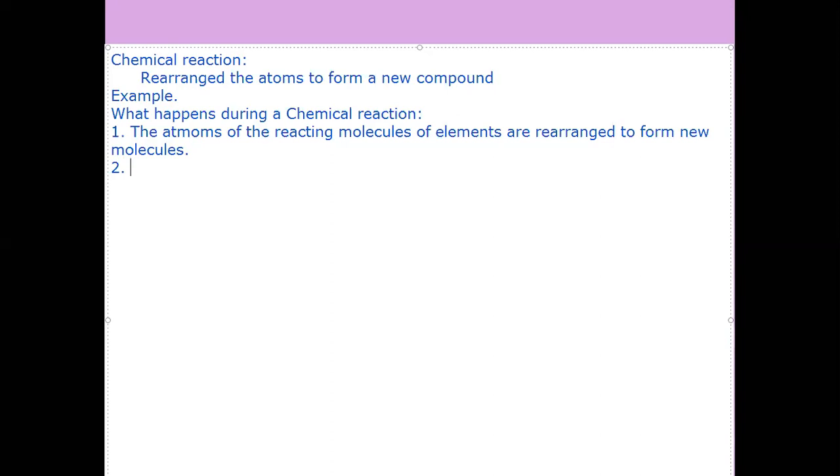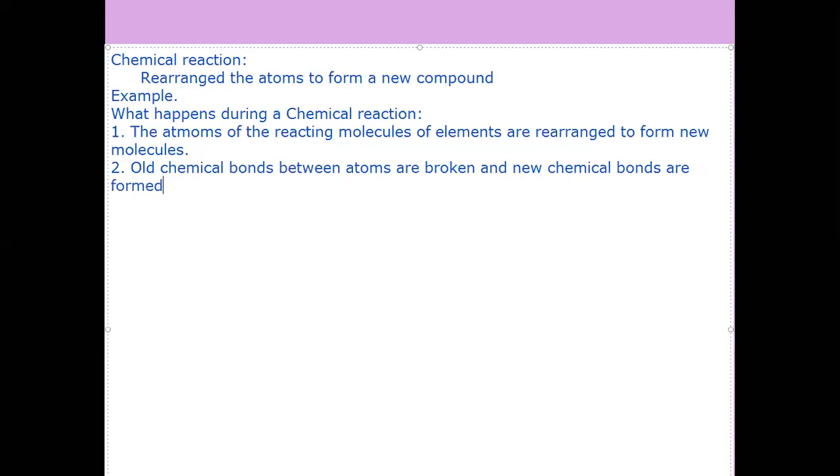Old chemical bonds between atoms are broken and new chemical bonds are formed. Same example, methane plus oxygen.